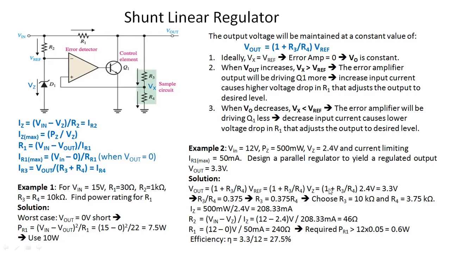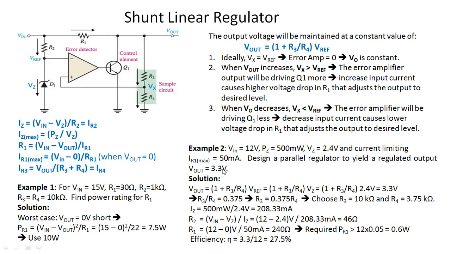So you will get 1 plus 1 into 2.4, because R3 and R4, what we are saying here, we are supposed to calculate the R3 and R4. They have not given the value, so we cannot take these as same, we are supposed to take that value as it is. Vz value they are giving here 2.4, so 1 plus R3 upon R4 into 2.4, that will be equal to V out.